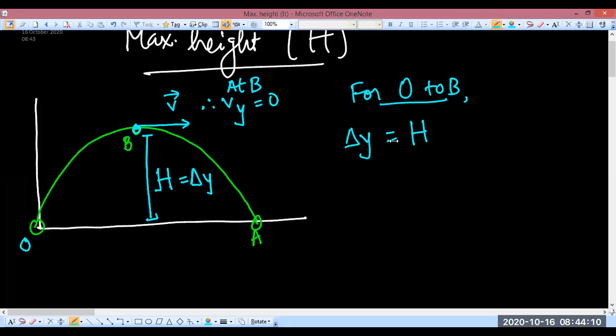So now we want to find displacement. Think which equation of kinematics could we use, or which formula of delta y that we have derived earlier could we use? Both ways you could do it.